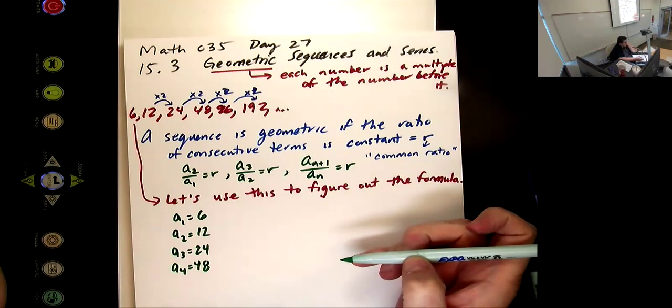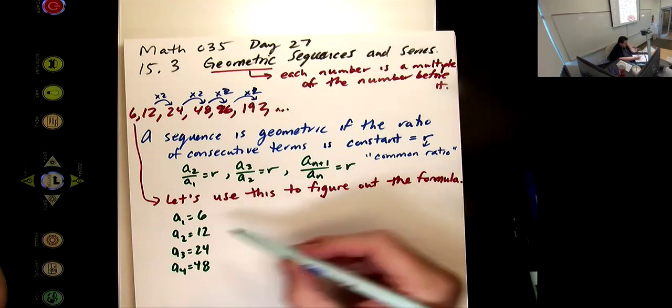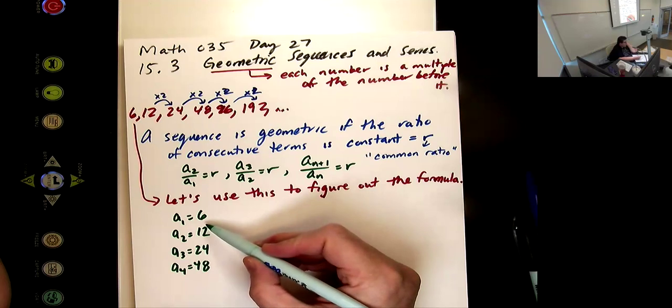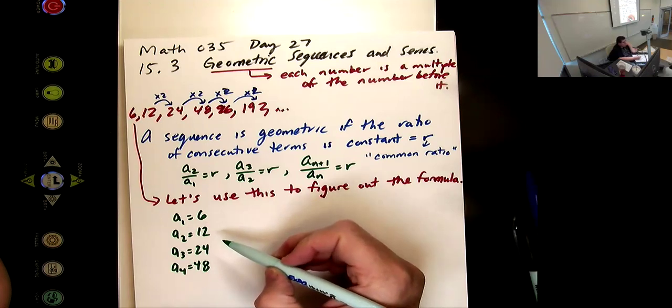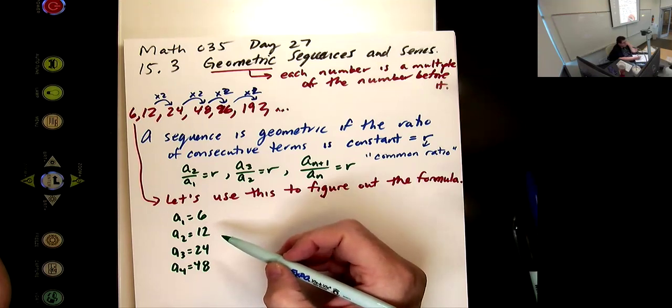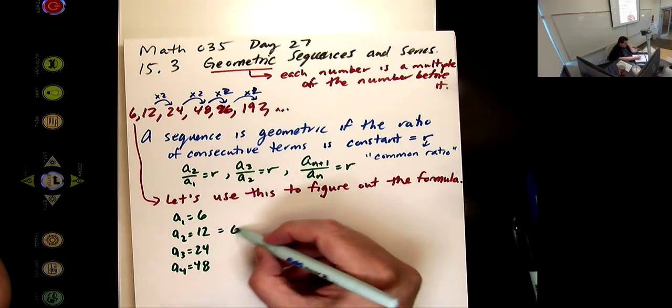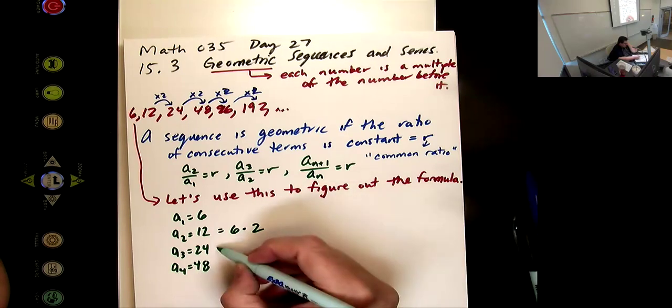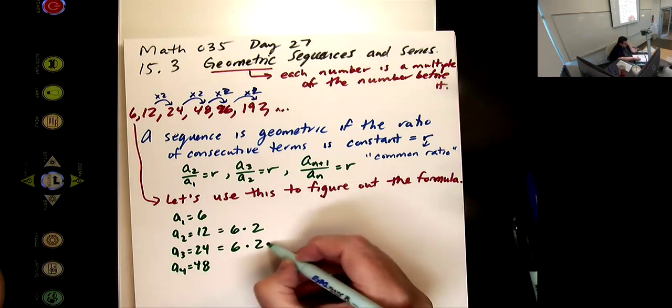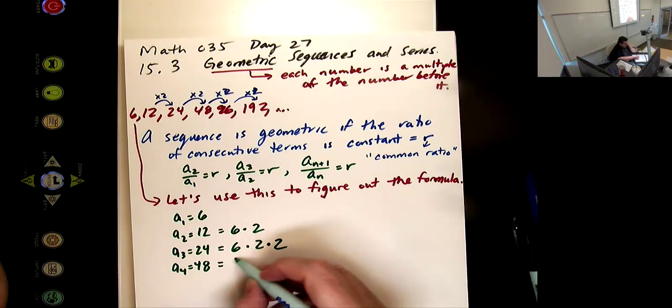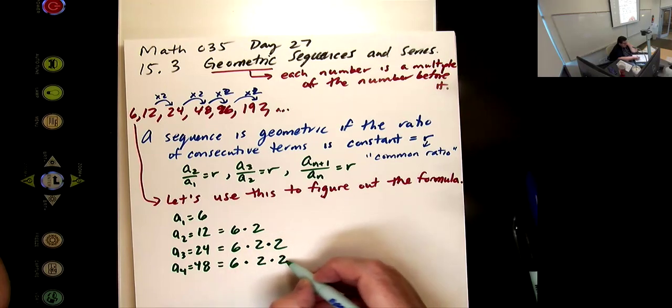So just like we did with the arithmetic, we try to write it in terms of A sub 1. In the arithmetic one, it was A sub 1 plus something. Here it's A sub 1 times something. Each time it's getting a multiplier of 2.